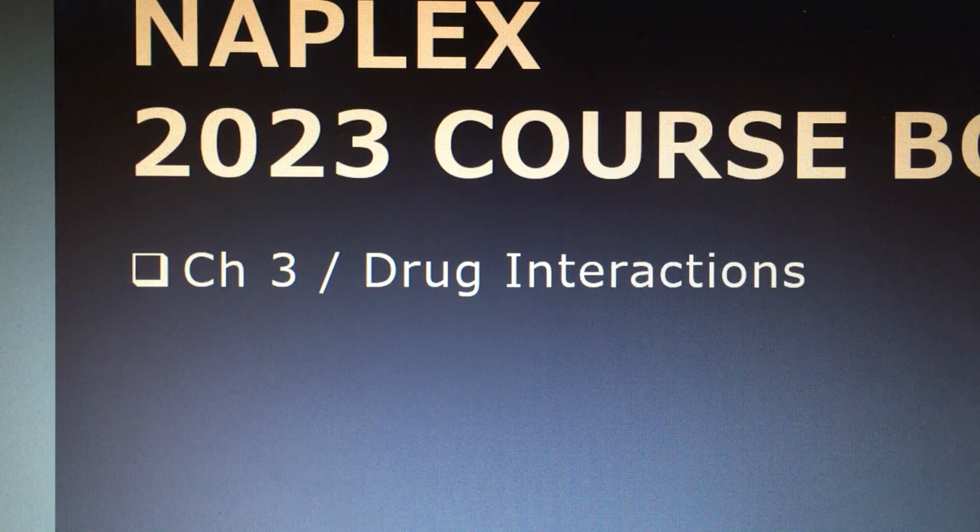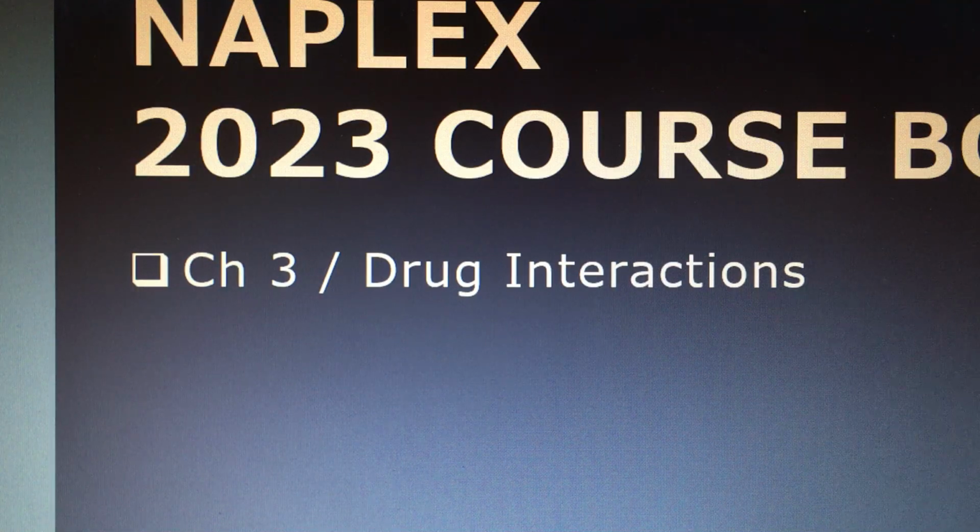We're looking at amiodarone. We're also looking at calcium channel blockers, the non-dihydropyridine ones, so the diltiazem and verapamil type.